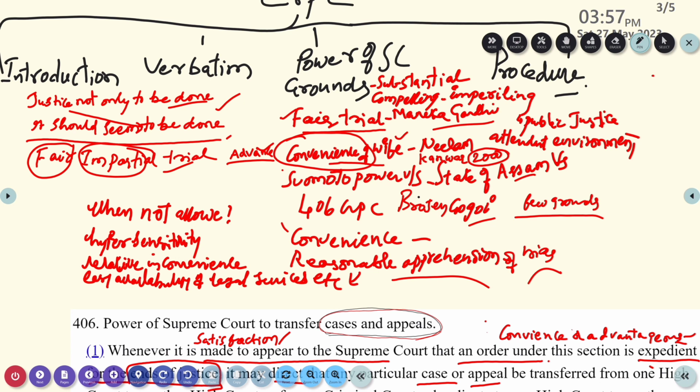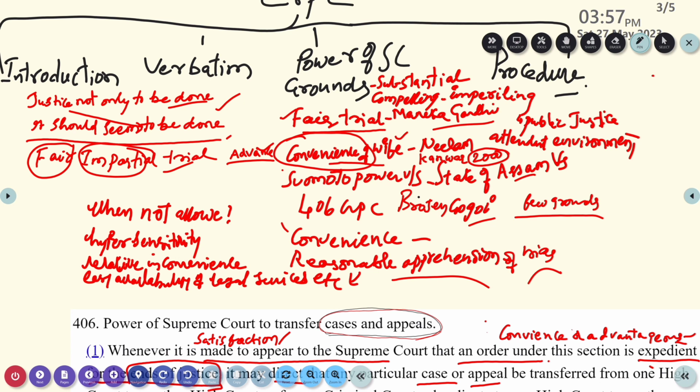Not simply the convenience of the petitioner alone, and that too relative convenience. Suppose the petitioner would be more convenient if transferred to another high court or another court, then it is not an important point. It should not be relative inconvenience. In such cases, normally the Supreme Court does not entertain.